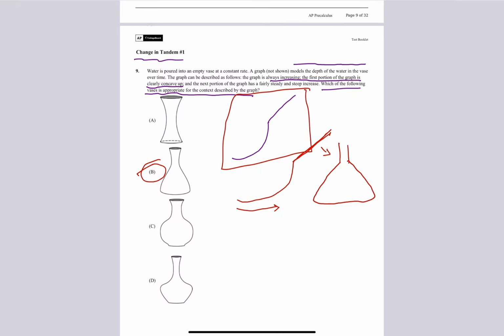Why isn't it A? Because we also got 1, 2, and 3 parts. And B perfectly translates the given graph into a vase.